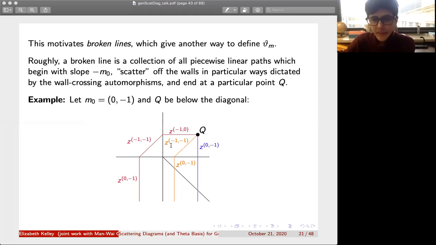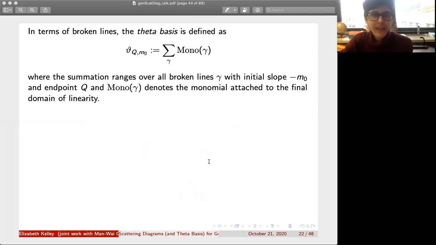And then if we sum up the terms on the last region of linearity for each of the paths, we actually get the theta function, or in this case, we get the cluster variable. So this is how the theta basis is defined in terms of broken lines. So here, this definition just says what I just said verbally.